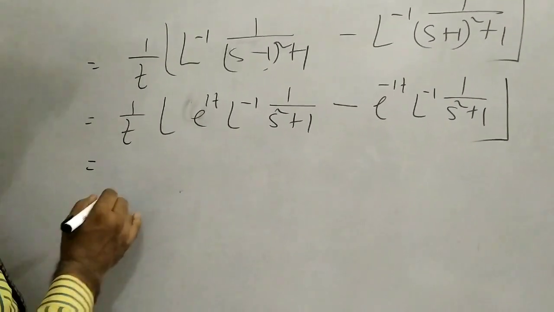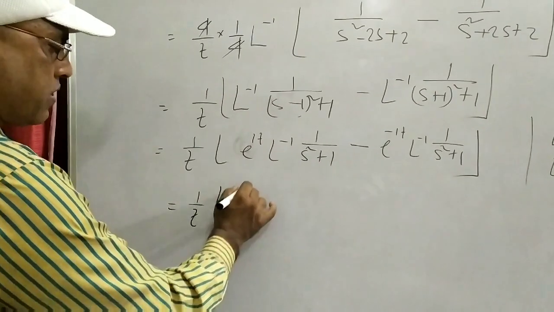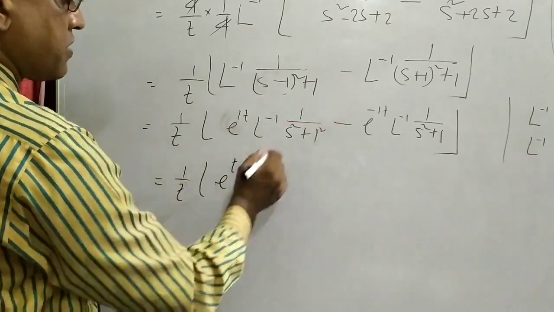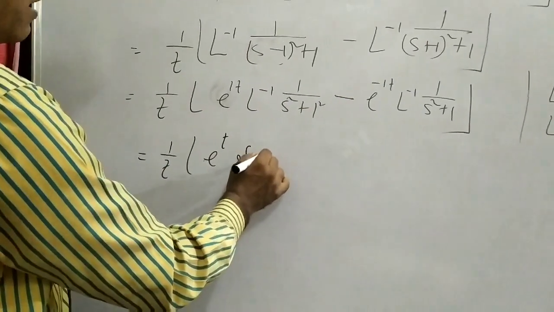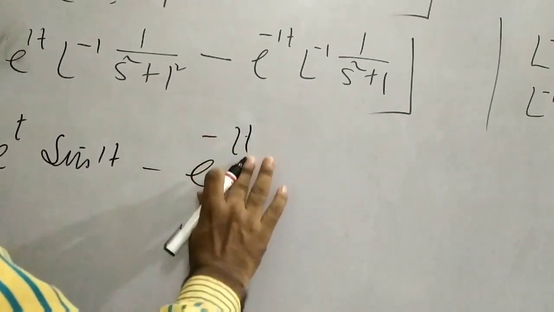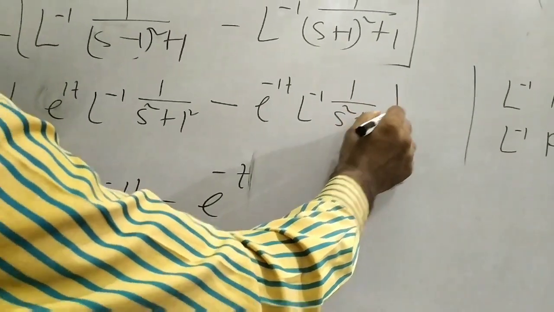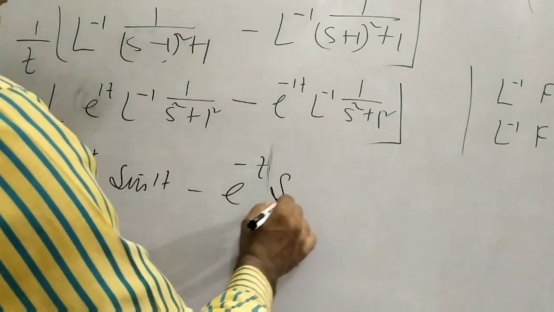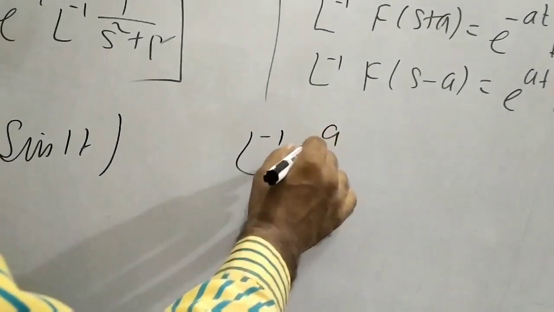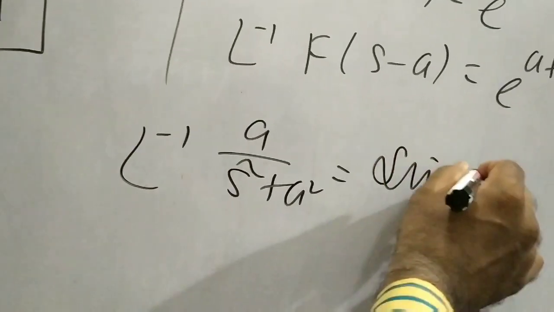Next we get 1 by t, e to the power t, and by the direct formula, a by s square plus a square, with a equal to 1, this gives sine t. And e to the power minus t, again a by s square plus a square gives sine t, because we know this formula: L inverse of a by s square plus a square equals sine at.